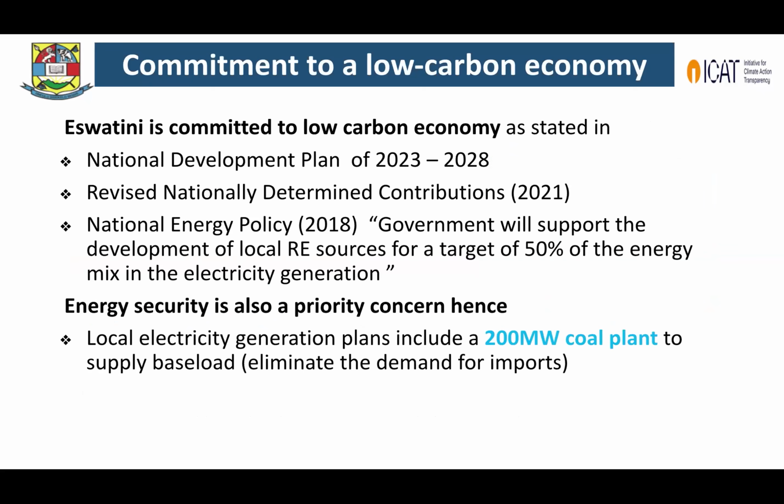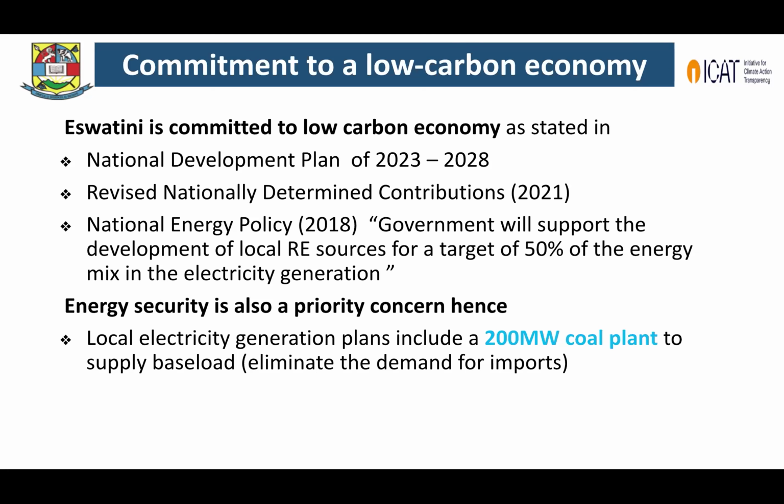So this just highlights Eswatini's commitment to a low energy economy. This can be seen in several documents or policies in Eswatini. The National Development Plan maps out the need for energy security, and it emphasizes having a lot of renewable technology being deployed.